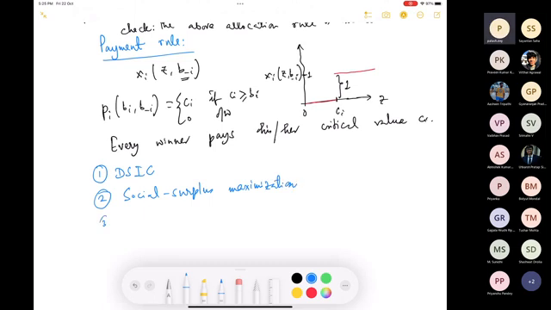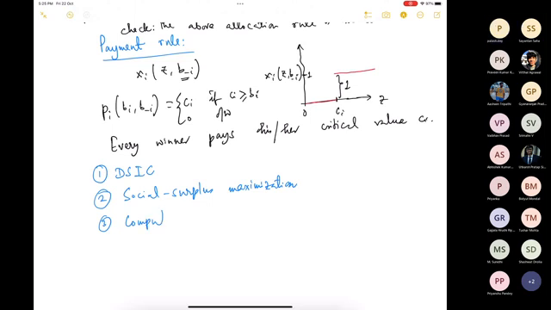And third one is computational efficiency. Okay, so does our auction satisfy all these three properties?